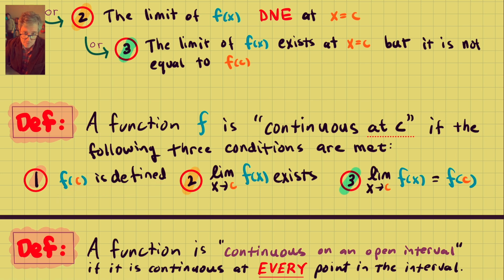Second, the limit as x approaches c of the function must exist. And then finally, that limit must be equal to the value of the function when we evaluate it at c. The limit as x approaches c of f of x should be equal to f of c.